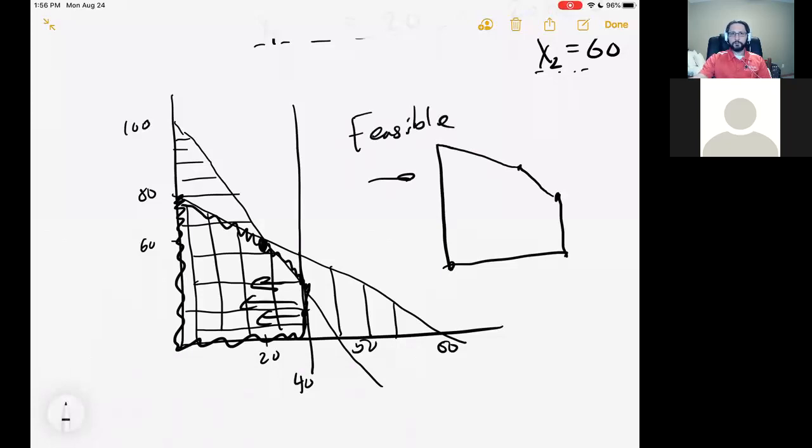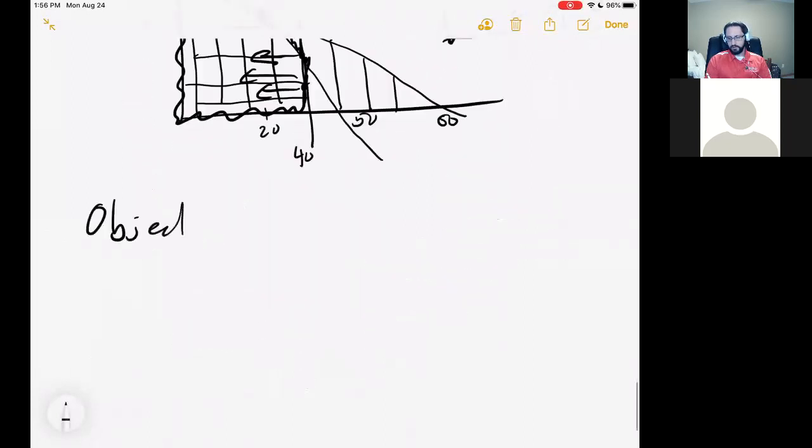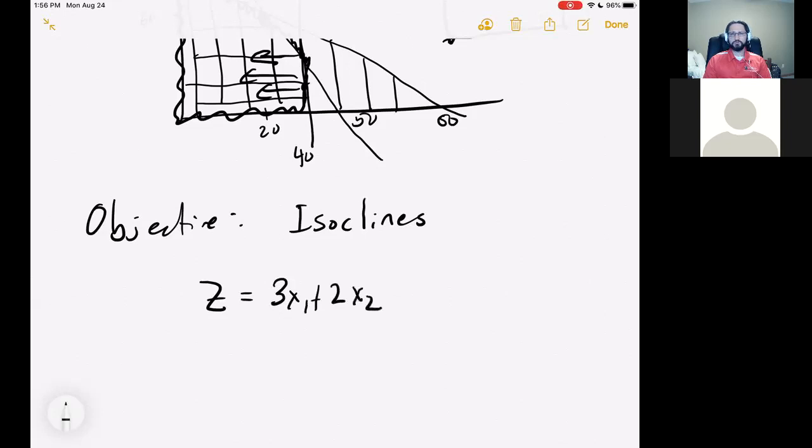Next, we need to figure out how the objective function applies to the feasible region. This is going to be done using the technique called isoclines. Iso for same. We have an objective function that looks like z equals 3x1 plus 2x2.